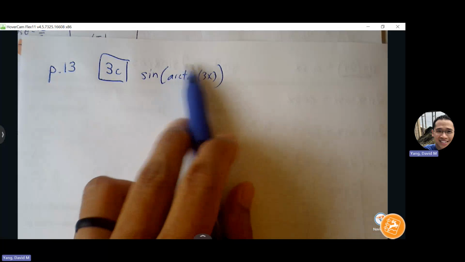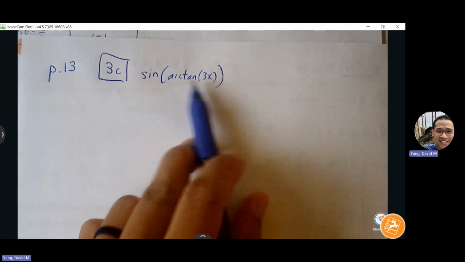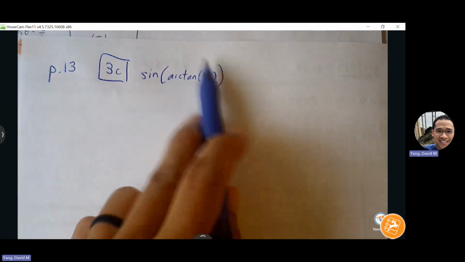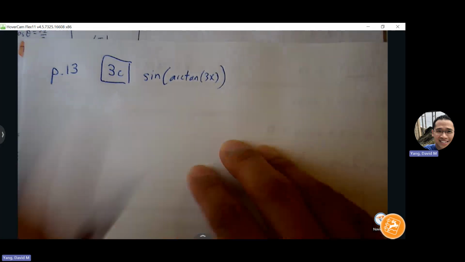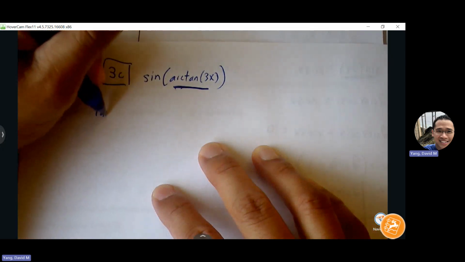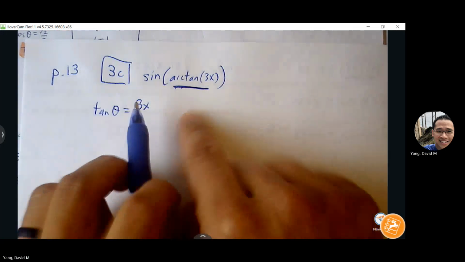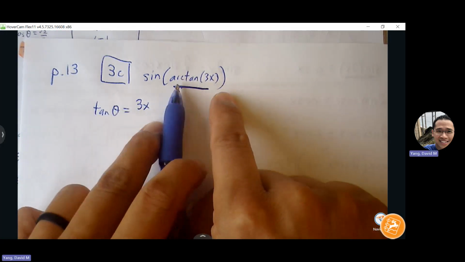This feels messy. So the idea is if I can create a triangle for this scenario, then I can just read off of that triangle and find sine of that triangle. But first, arctangent 3x, another way of saying it is, what would it look like if tangent of theta is equal to 3x? That's just rearranging it. Right now, this is theta.